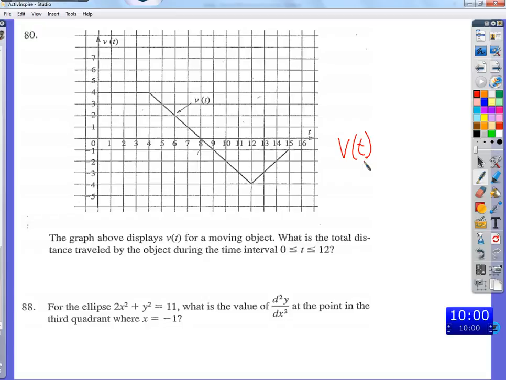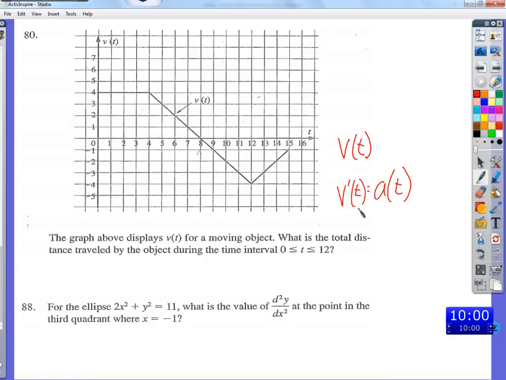Distance and position are commonly referred to almost synonymously. How would we get the acceleration function if we had the velocity function? Take the derivative of the velocity function, right? So it's just v prime.